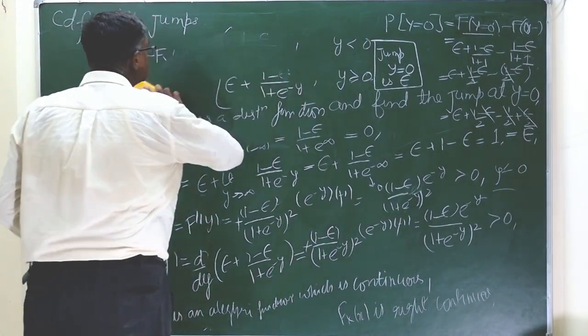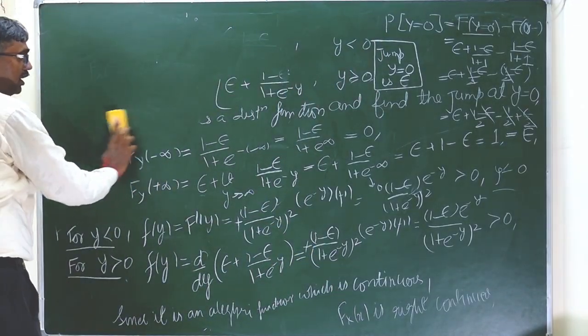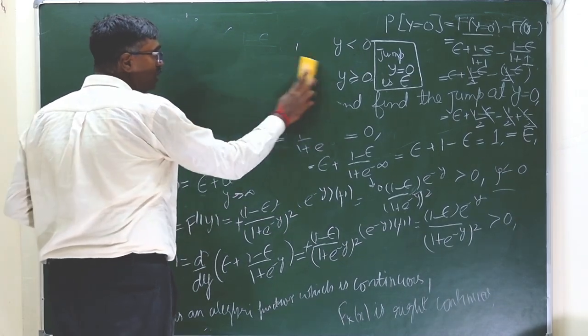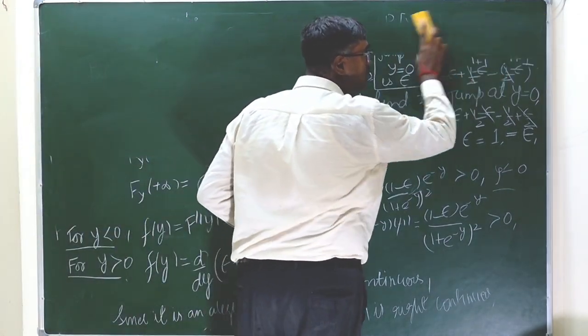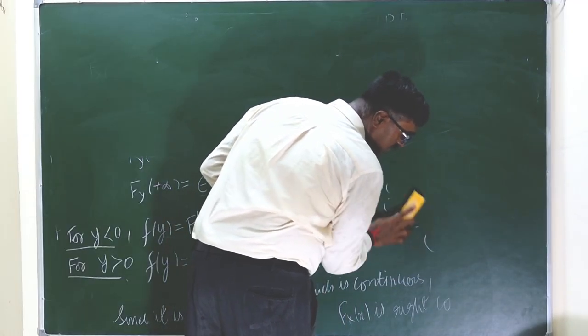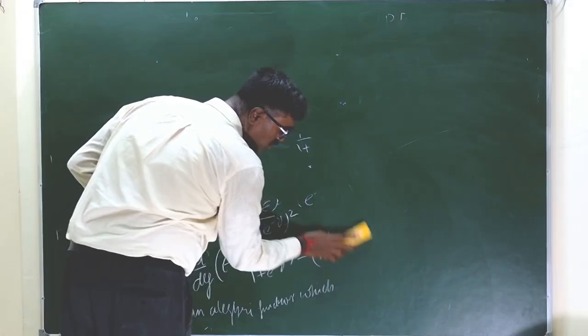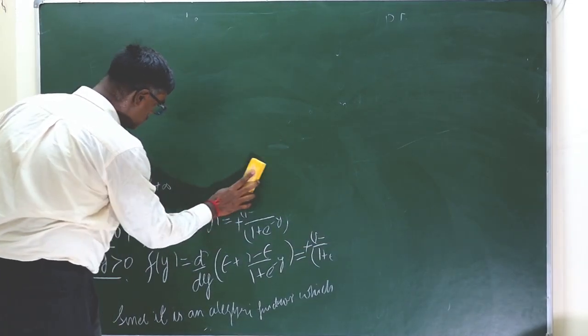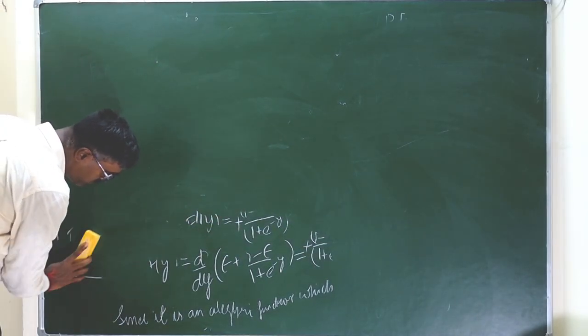Now next we will consider identical distributions. What are the properties of identical distribution? Identical distributions are those distributions which have the same distribution for the whole range of x.